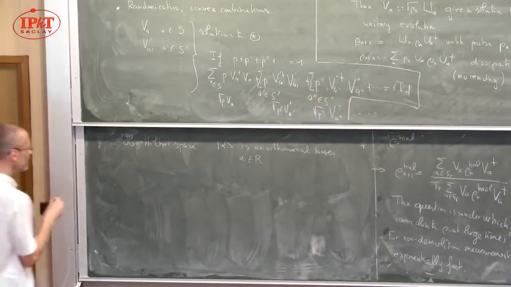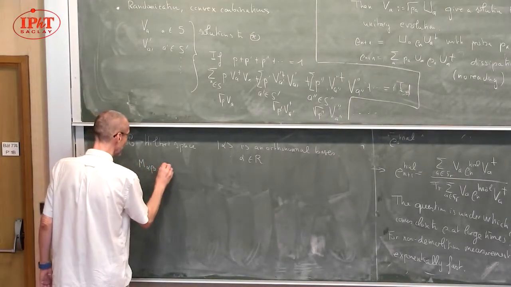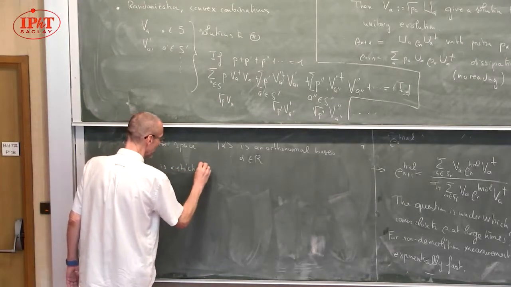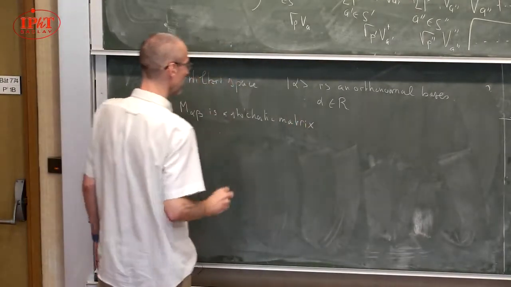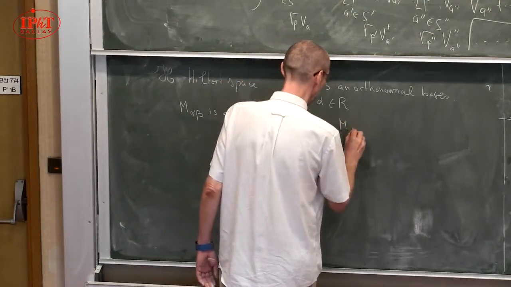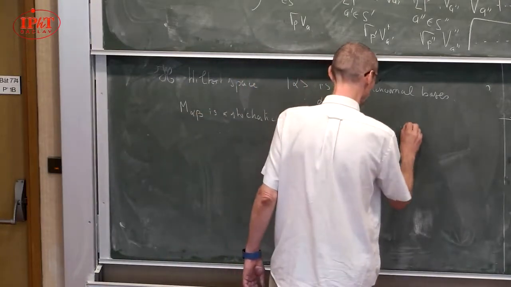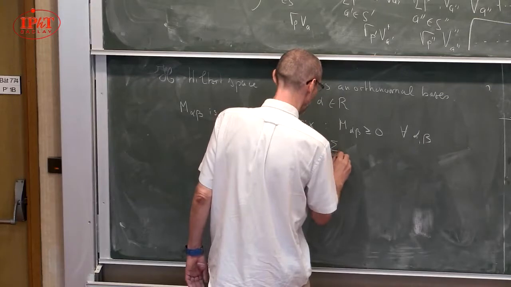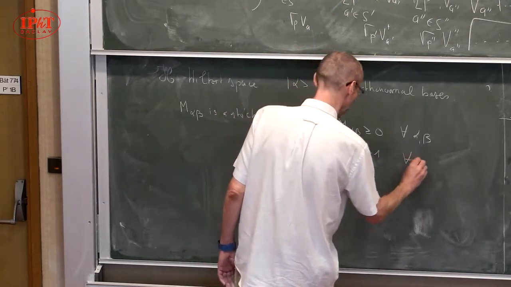And then I imagine that M_alpha,beta is a stochastic matrix, which means M_alpha,beta is larger than or equal to 0, whatever alpha and beta, and with my normalizations, the sum over alpha of M_alpha,beta is equal to 1, whatever beta.